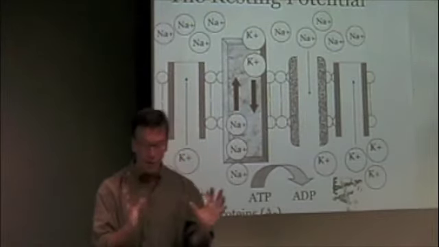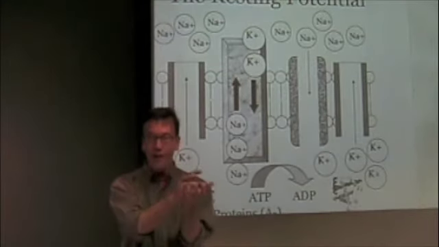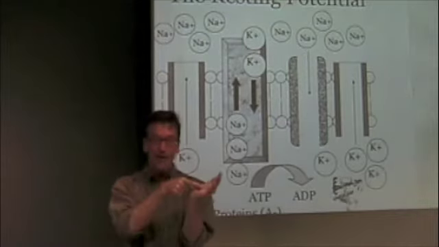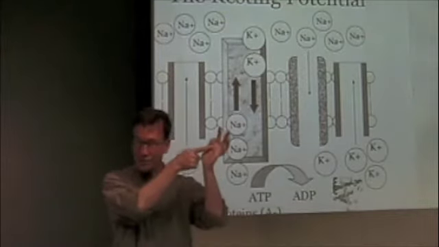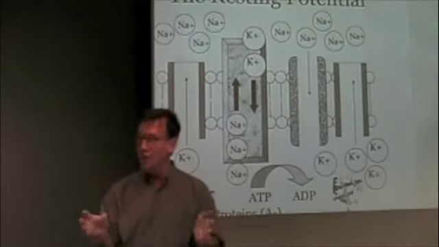If you have something in great abundance in one location, and very little is found nearby, that substance is going to be pushed by this concentration gradient force towards the area of lower concentration.